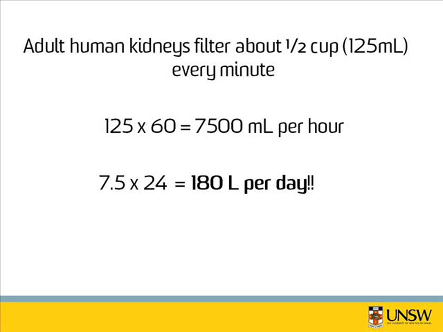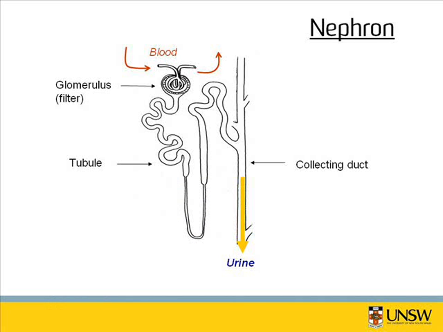And that's because of the other part of the nephron. Someone said the nephron was the unit and the glomerulus is the filter. But the other part of the nephron is the tubule. So in this diagram you can see the glomerulus at the top, and the blood is coming into the glomerulus and going out again. The glomerulus is just a little sac that contains tiny little blood vessels. Those little blood vessels are a bit more complex than the kitchen sieve, but mostly similar.